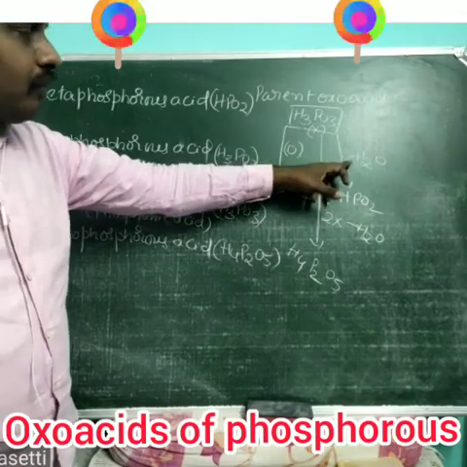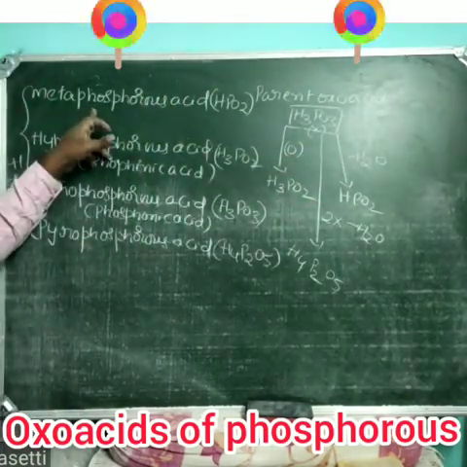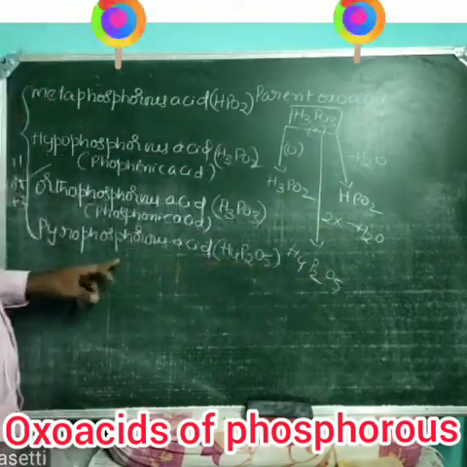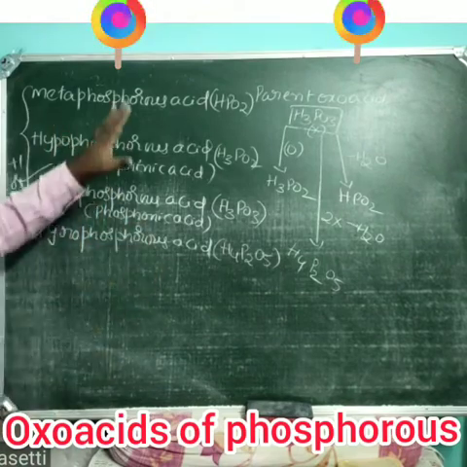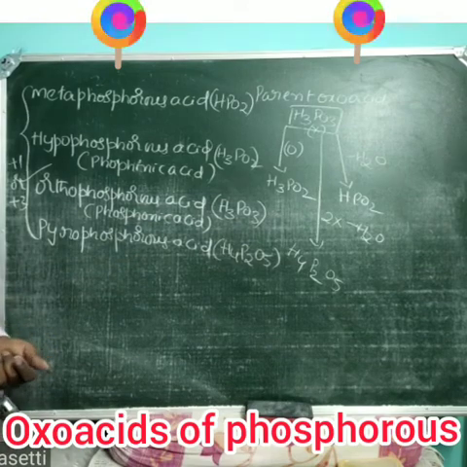If you remove one water molecule, then you will get metaphosphorus acid. If you remove a water molecule from 2 molecules, then you will get pyrophosphorus acid. So in these ous acids, the oxidation state of phosphorus is either +1 or +3.